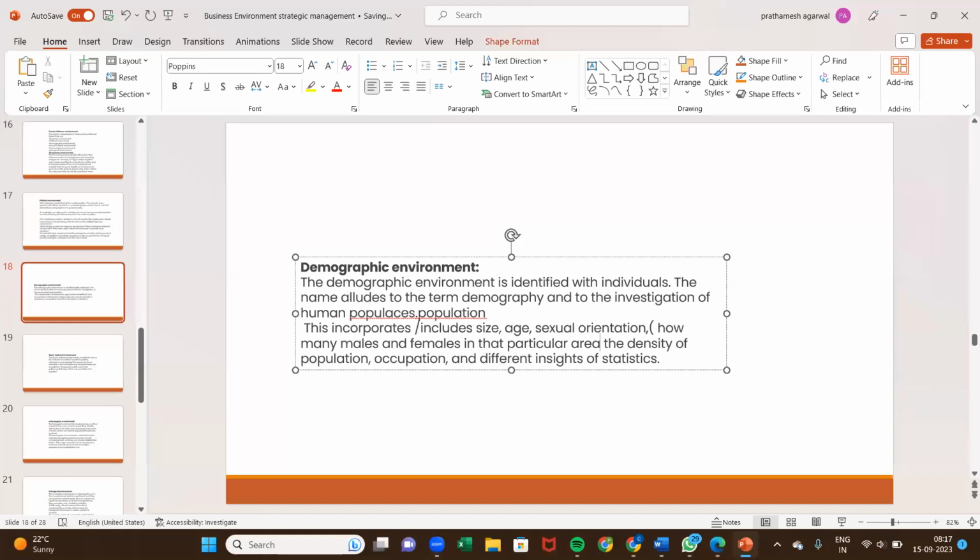I'm making it simple as we are studying. The density of the population means in one given area, suppose I give you an area of 1000.